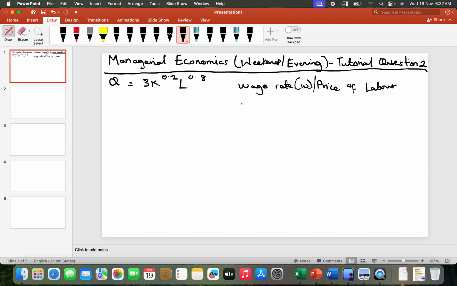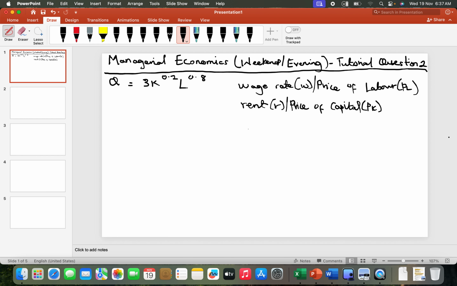Then we're also given rent in the question. Rent as R. Rent is the same as price of capital. Now price of capital is also PK, and price of labor is also PL.